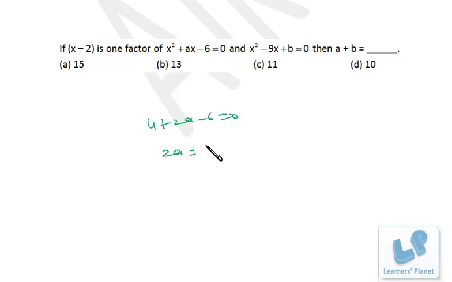That means 2a is equal to 2a is equal to 1. Similarly, if we put x is equal to 2 in this equation, the value of it should be 0, right? So 2 2's are 4 minus 9 into 2, 18, plus b is equal to 0. So b is equal to 14. So a plus b will be 14 plus 1, 15, okay?